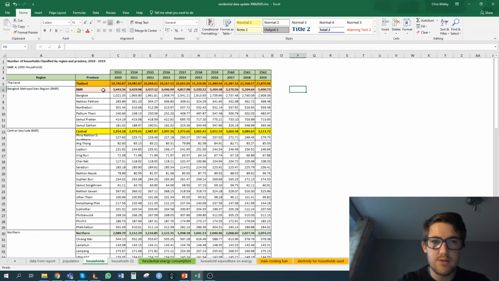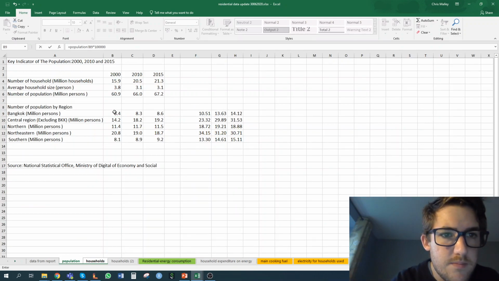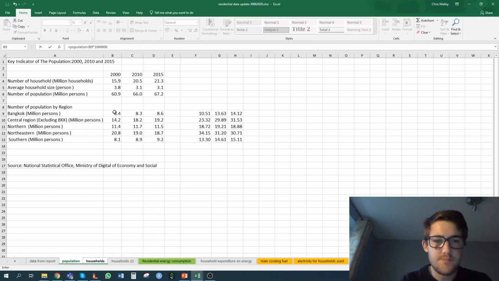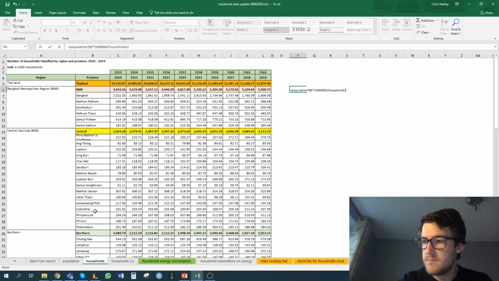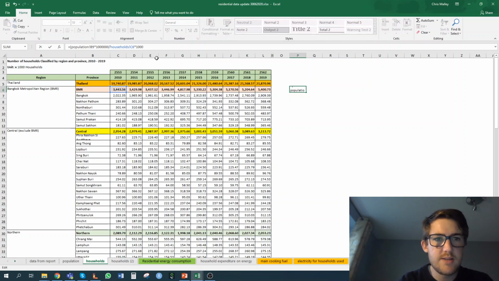The average household size is the population, which is this number here, times 1 million, divided by the total number of households, times 1,000. Okay, that's not quite correct.